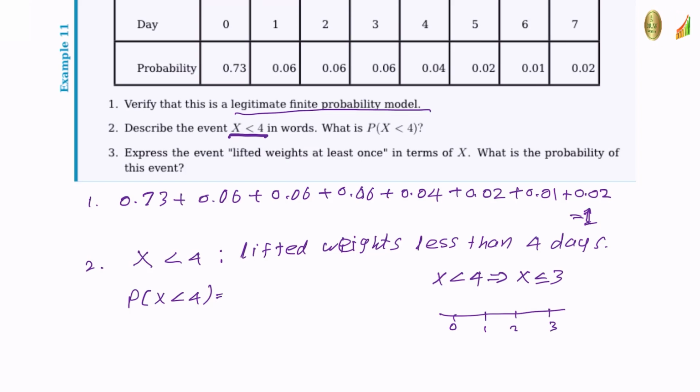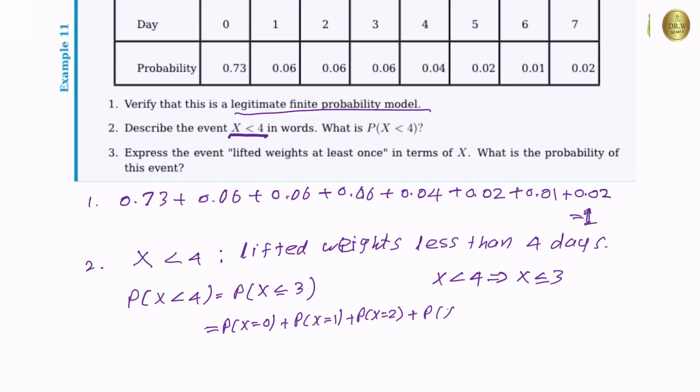Therefore, how do we find the probability X less than 4? We can write the same thing: this equals X less than or equal to 3. Again, this is true only for the discrete case or discrete models. Probability X equals 0 plus probability X equals 1 plus probability X equals 2 plus probability X equals 3.